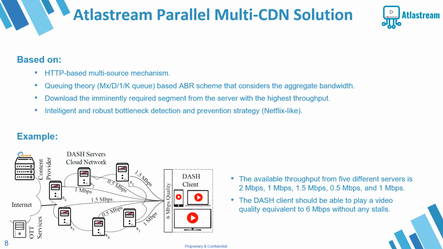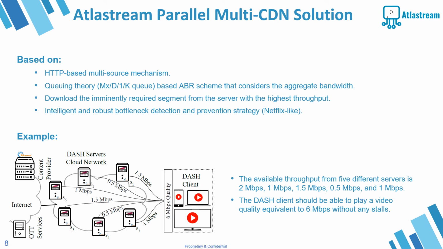It facilitates the aggregation of bandwidth from different servers and increases fault tolerance and robustness through path diversity. The resulting resilience prevents clients from suffering quality degradations when some of the CDNs become congested.